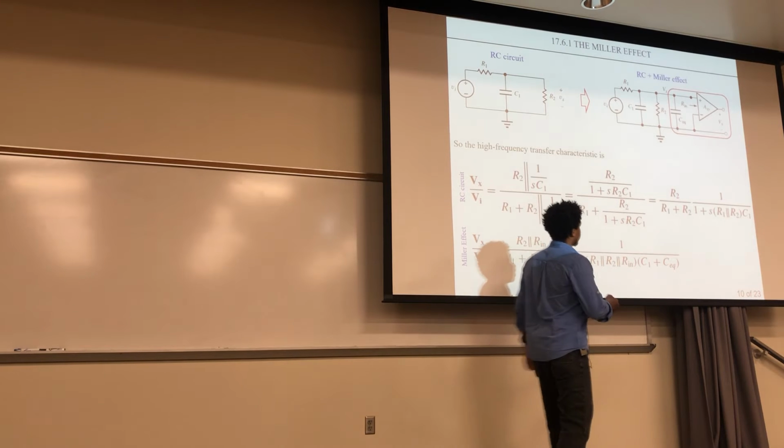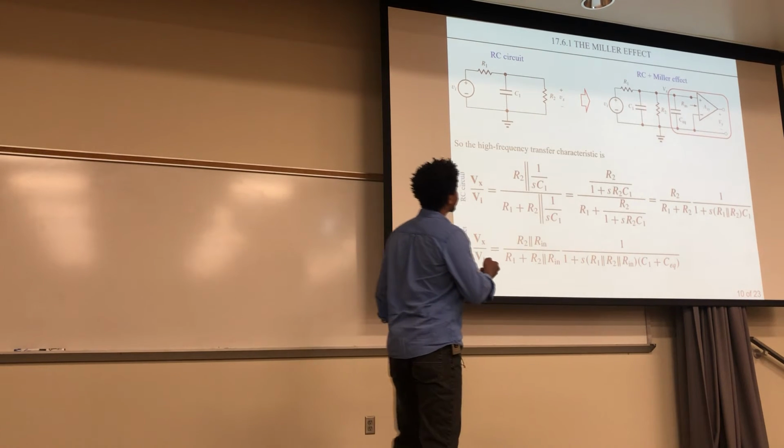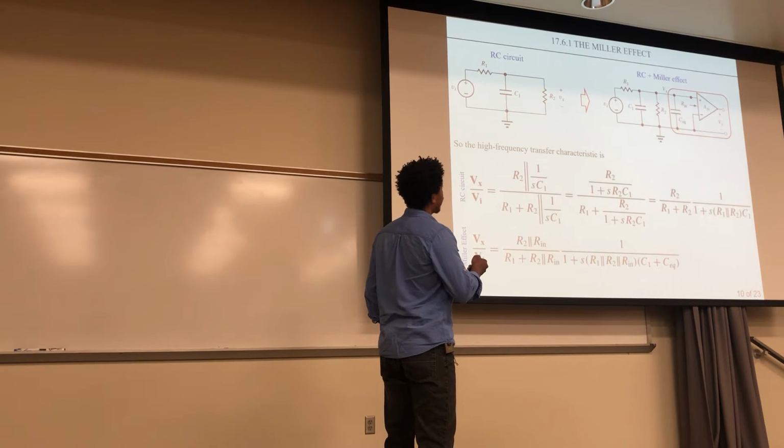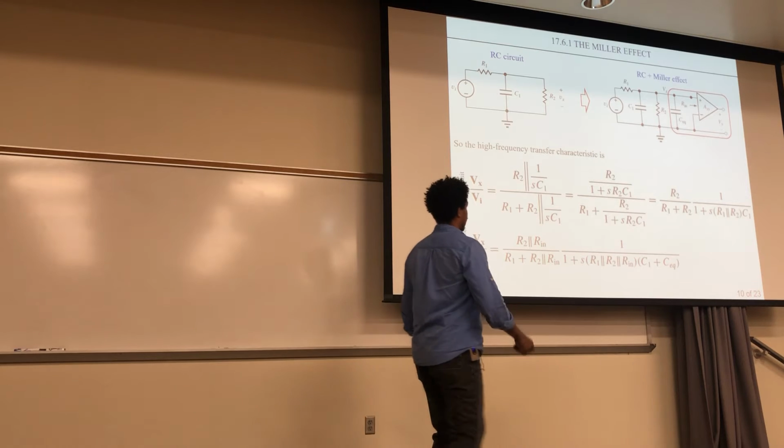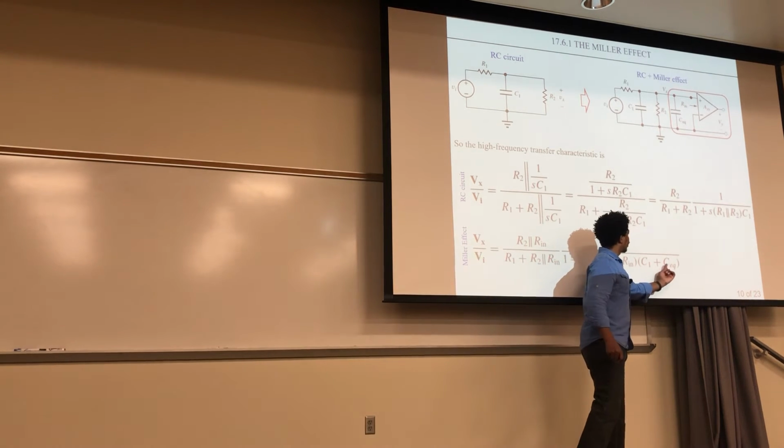That's there. But this piece right here, this C1, is being now added with this other one that's in parallel to it, the equivalent C that we got. So this feedback capacitor, CXY, can now be represented like this. And so now these two right here can just be added together. So that's where this comes from, right here.